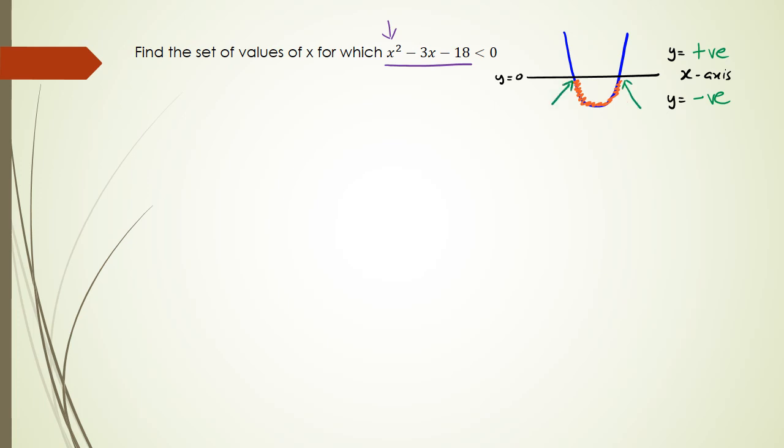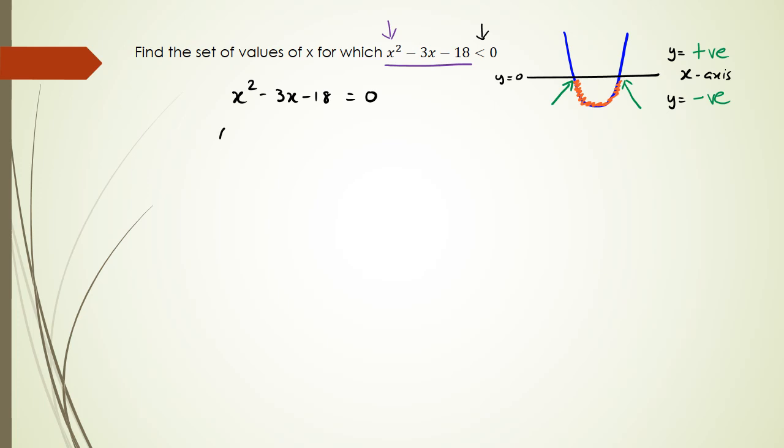What we do know is that y is equal to 0 at that point. So we can write this equation as x squared minus 3x minus 18 equals 0. I know that you're looking at the symbol that's less than 0, but remember we're trying to figure out what those two green arrows are pointing towards.